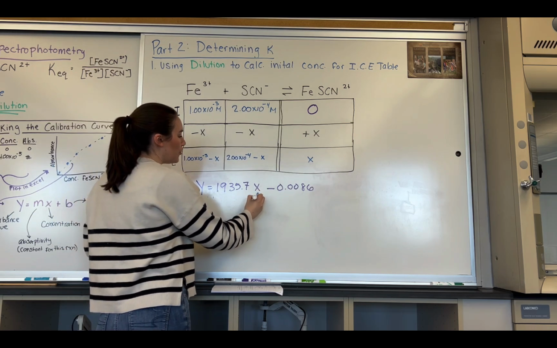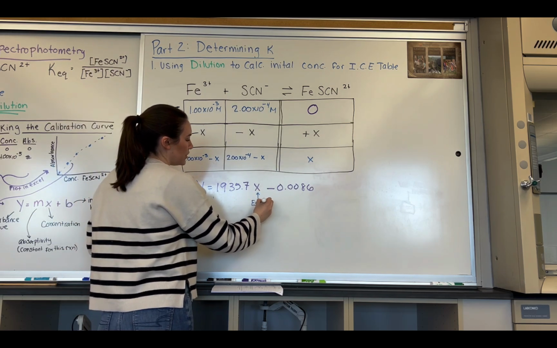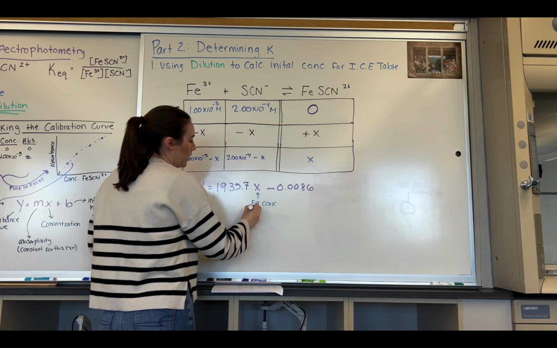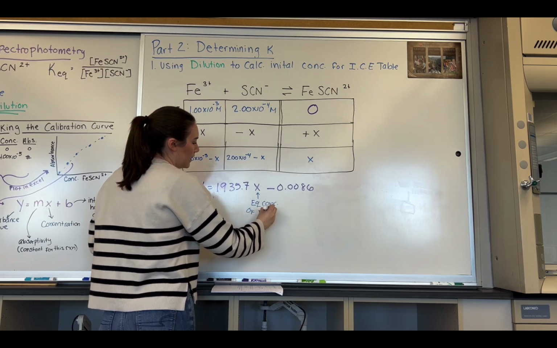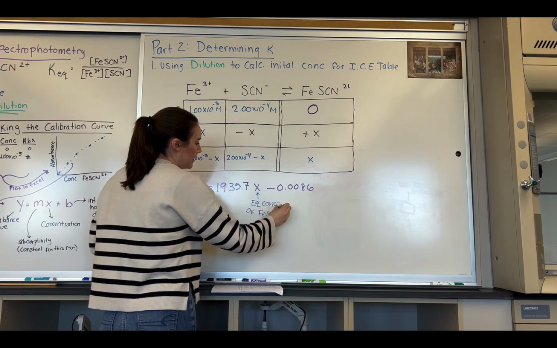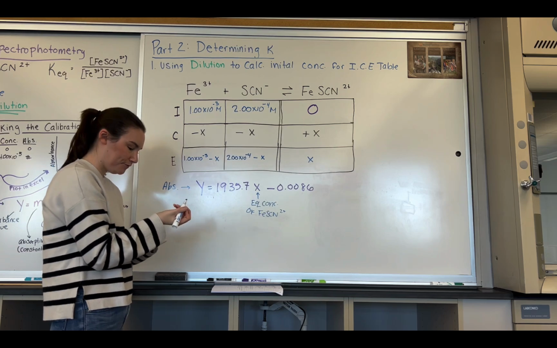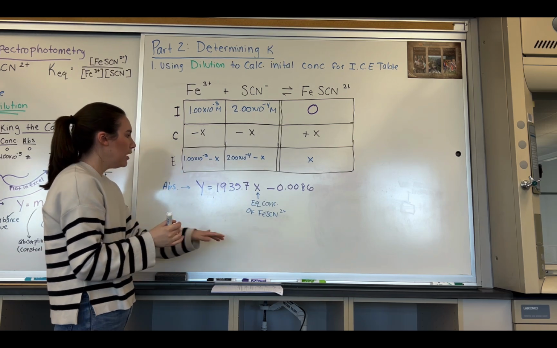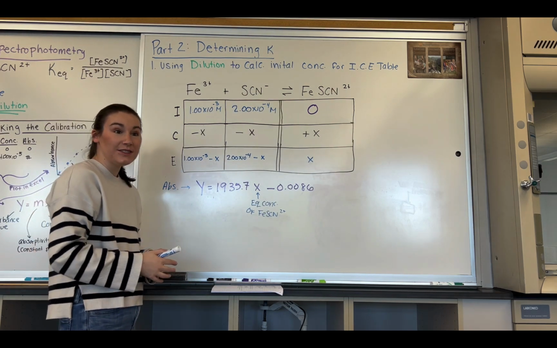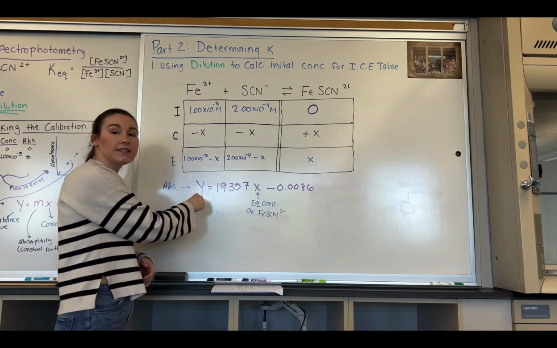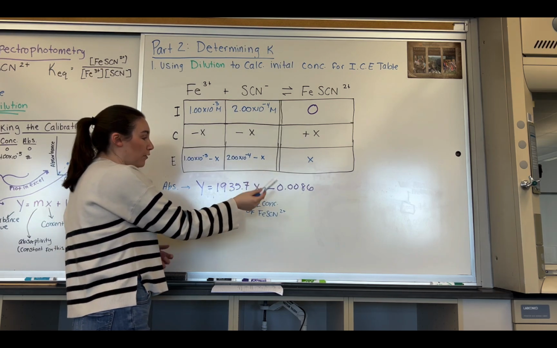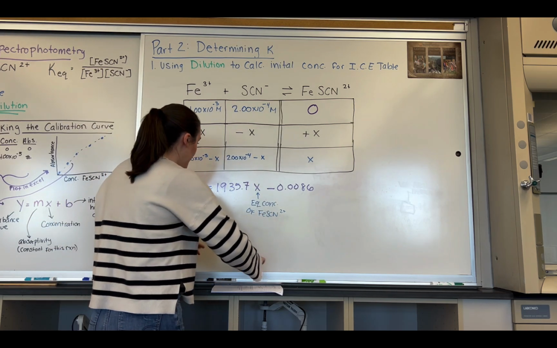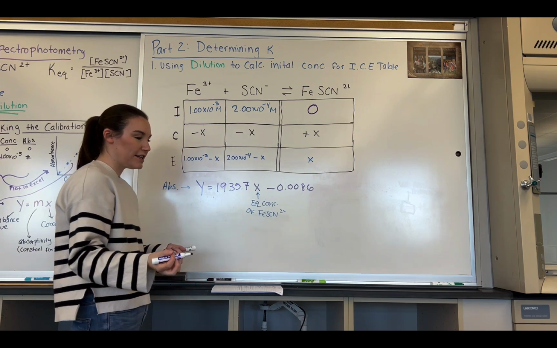And X is going to be the equilibrium concentration of iron thiocyanate. So, all we have to do for each test tube is plug in our absorbance as Y and solve for X. So, I have my absorbance for test tube number 6.